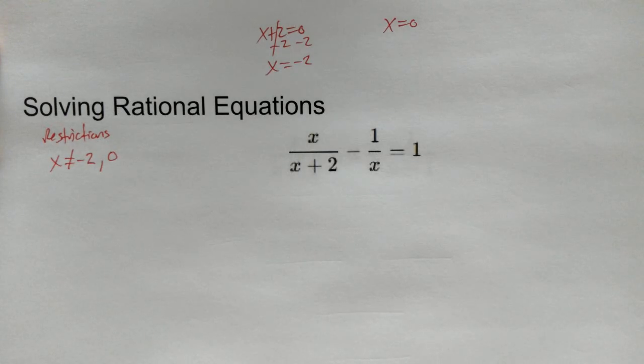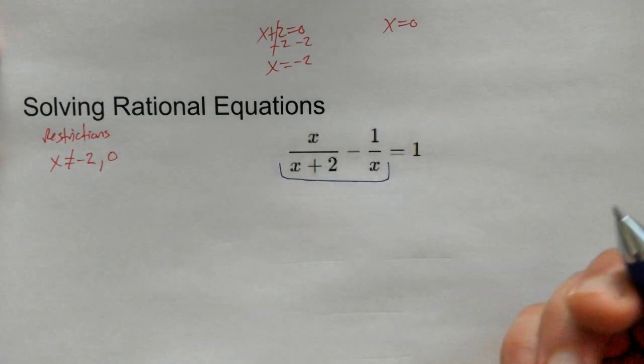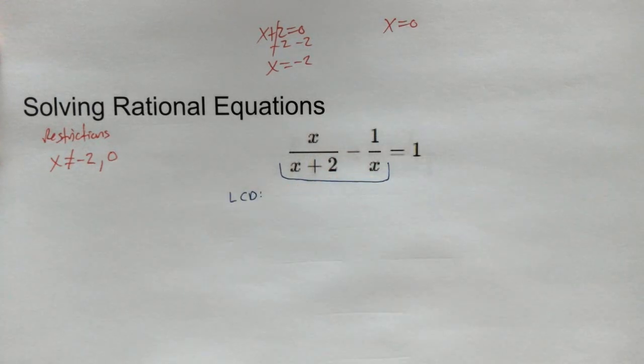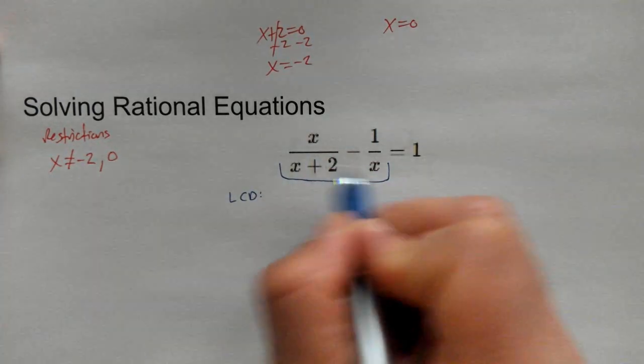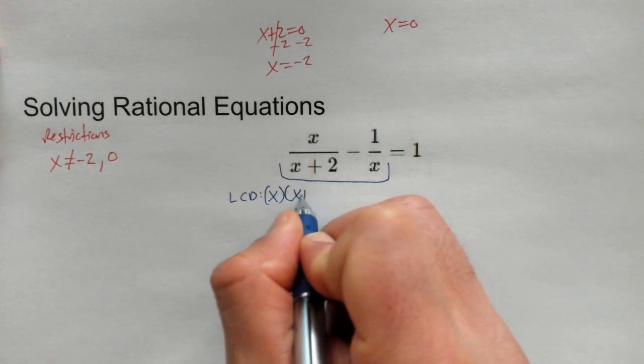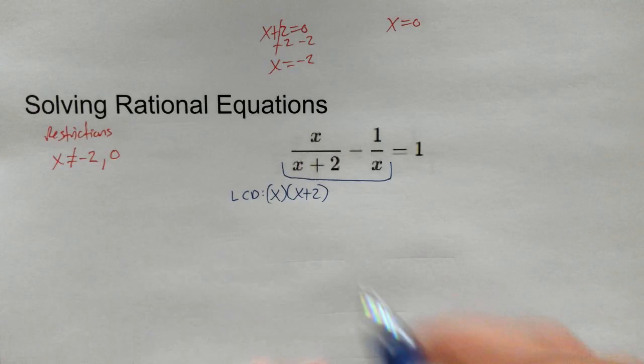Now, for solving, the first thing we want to do is combine these two fractions. So we need our least common denominator. Since they're both different, it'll be x times x plus 2. That'll be my least common denominator. Right? We talked about it in our previous video, so feel free to check that out if you need some help.